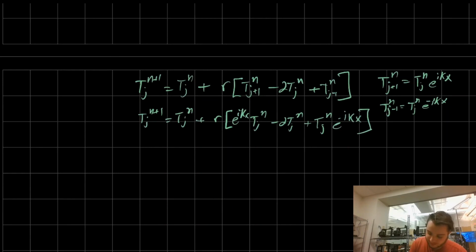Now, after you simplify all of this, you actually end up with something that looks pretty nice. T_j^(n+1) is equal to T_j^n times 1 plus r times 2 cosine of k delta x minus 2.